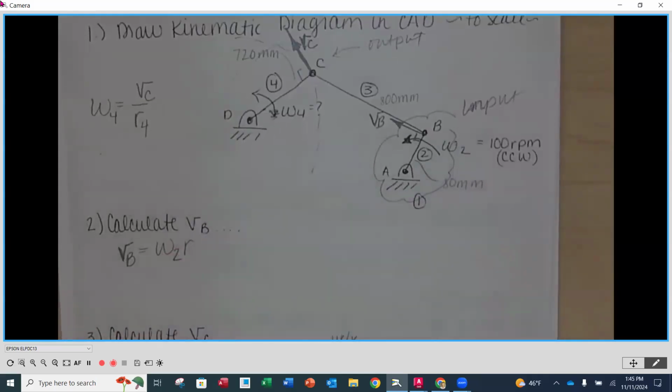So we're going to put a 2 there. And then the distance that it is away from its center of rotation is also going to be the length of link number 2, or the radius, right? To that point. Okay. So let's calculate the velocity of B. Go ahead. I'm going to give you a minute to fill in your values for W2 and R2.